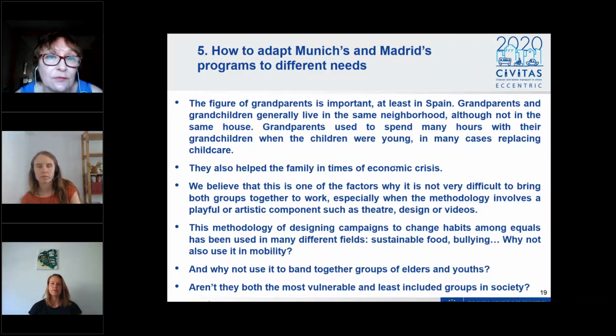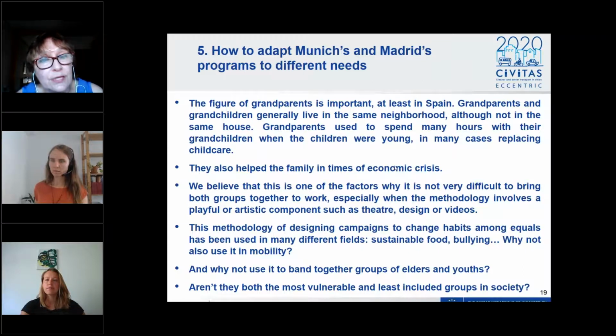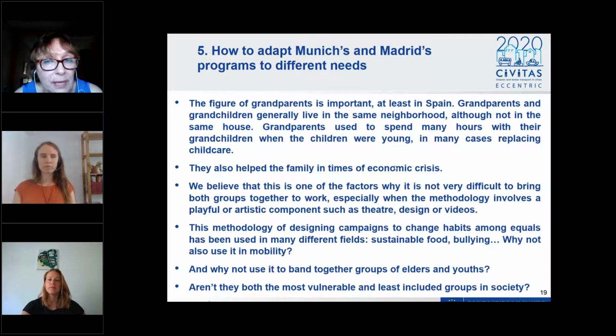We believe that is one of the factors why it is not very difficult to bring both groups together to work, especially when the methodology involves a playful or artistic component, such as theater, design, or videos. This methodology of designing campaigns to change habits among equals has been used in many different fields: sustainable food, bullying.